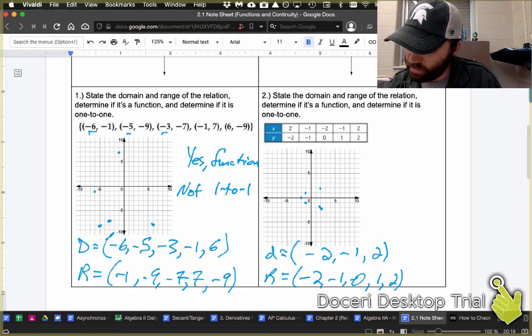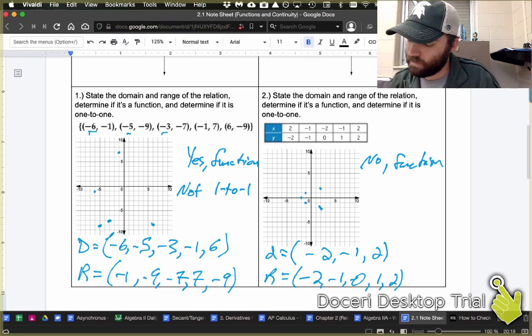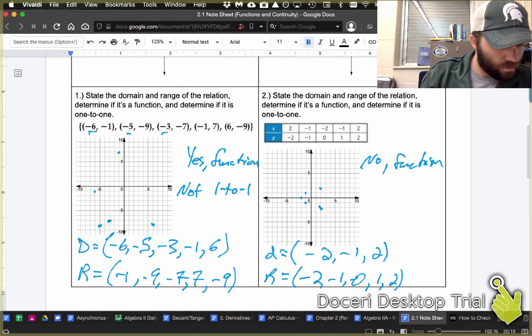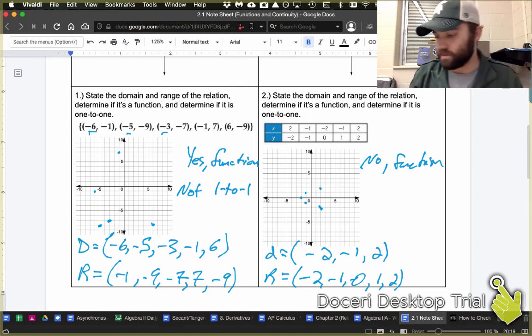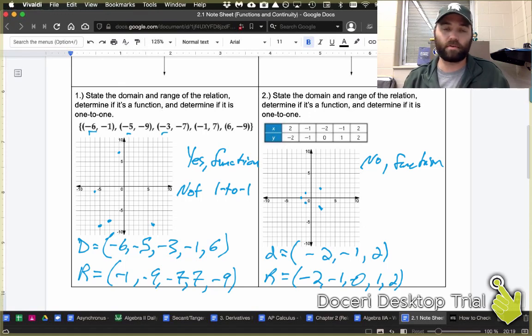Okay, so it is not a function, and it is not 1 to 1 because it's not a function. So if it's not a function, it can't be a 1 to 1 function. Okay.